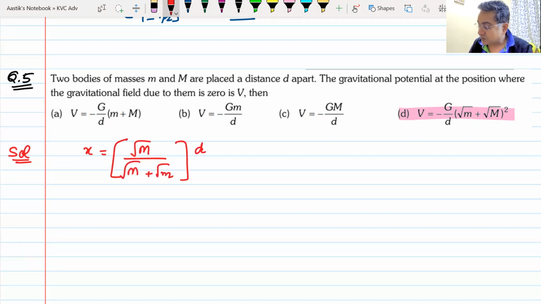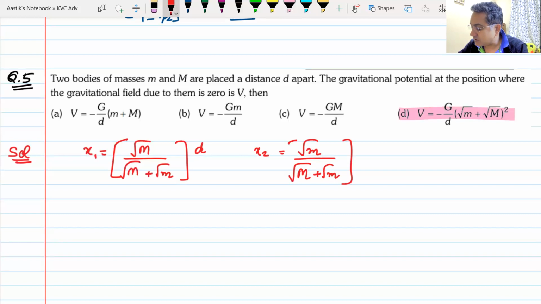Into D. And the distance from the smaller mass, if I call this x1 and this x2, that will be root over small m divided by root over capital M plus root over small m, times D. Now if I call the total potential V, it will be V1 plus V2.